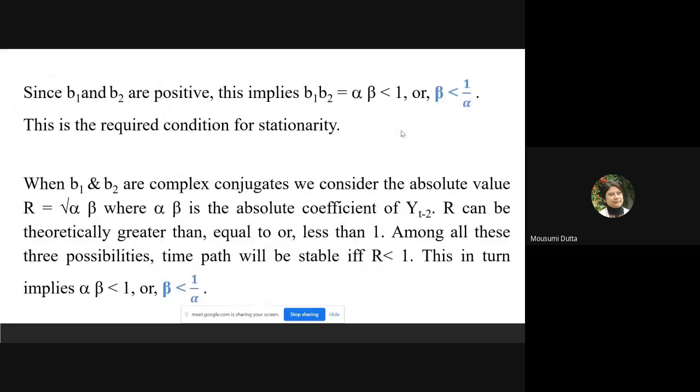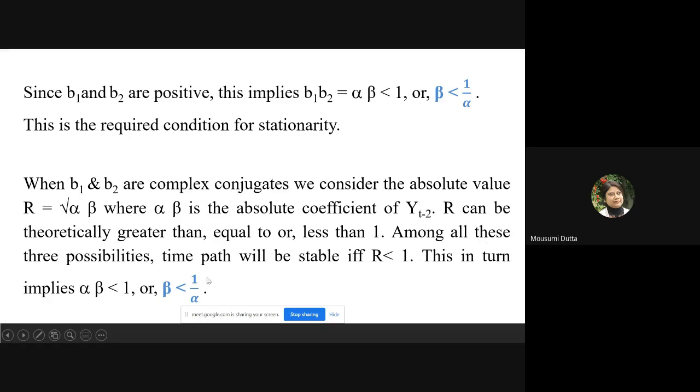So again, I am repeating: when B1 and B2 are complex conjugates, we consider the absolute value R, which is root over alpha beta, where alpha beta is the absolute coefficient of yt minus 2. R can be theoretically greater than, equal to, or less than 1.